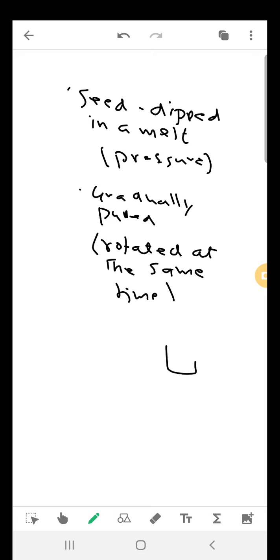This results in single crystal growth of the substrate ingot. So these are the two techniques in bulk crystal formation.